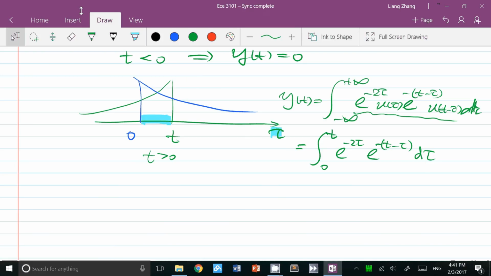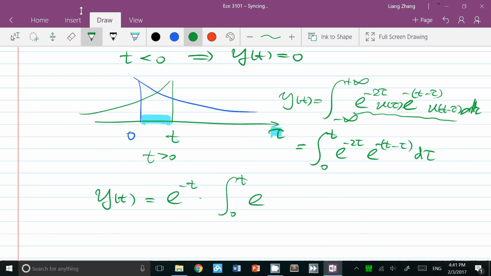Then what you can do is to take the integral as you have done in your calculus class. Since this is with respect to tau, this negative t doesn't really matter, so I move it forward. And then we'll be taking the integration.